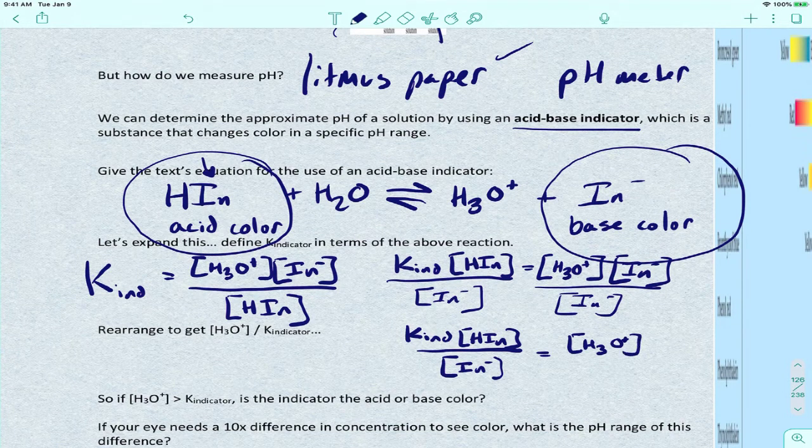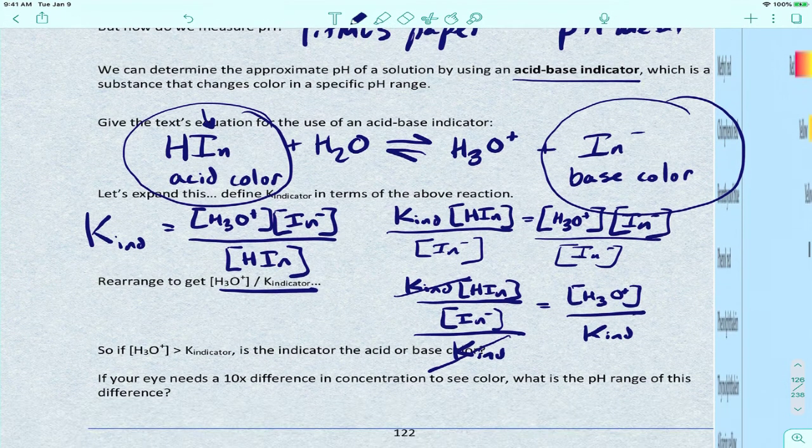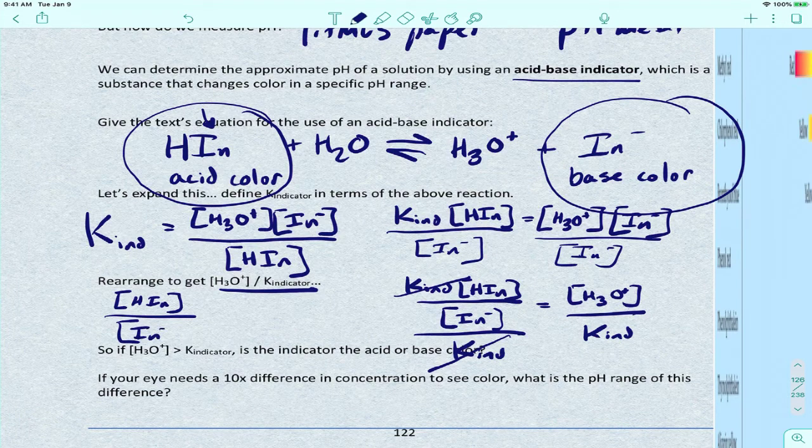Now, ideally, we want to get a ratio of the acid indicator to the base indicator. So if we divide both sides by the equilibrium constant, okay, we're going to get something like this, where the concentration of the acidic form divided by the basic form of the indicator is going to be equal to the concentration of H3O plus divided by the equilibrium constant of the indicator.